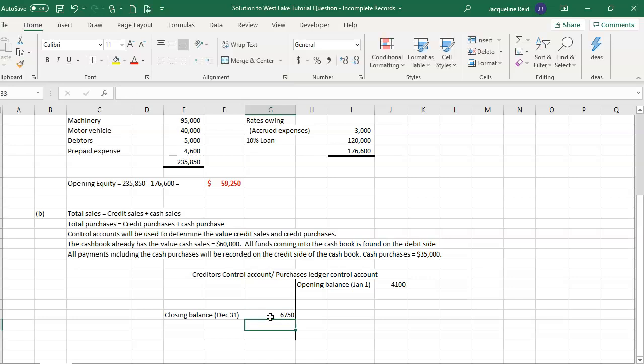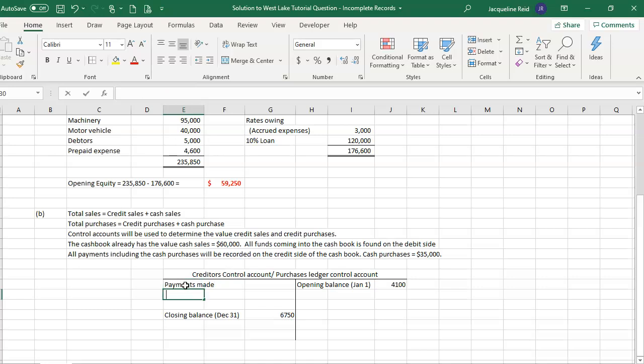Now, when we're doing control accounts, the first thing we need to consider is what are the opening and closing balances, and we have entered them for the creditors control account. The next thing we need to look for are the payments to suppliers. If you look in the cash book on the credit side, you will see payments made to creditors. That's the figure that I'm after.